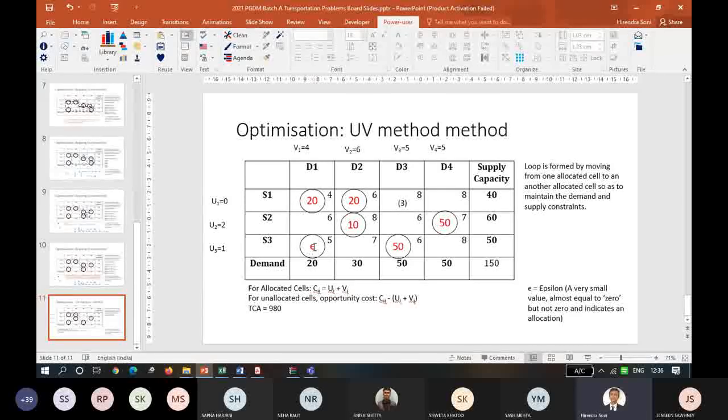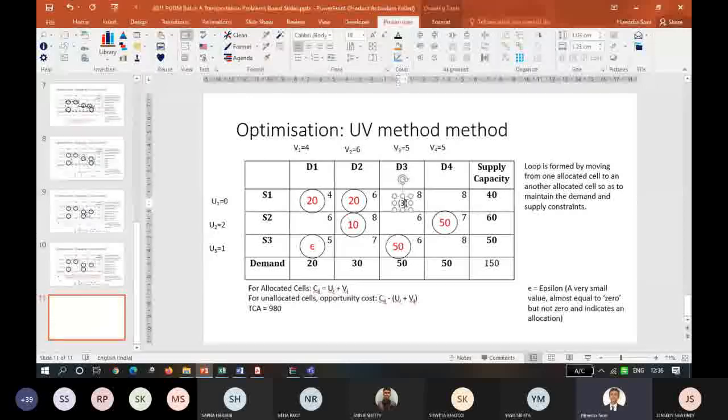So after introduction of epsilon, since this was 4, 5 minus 4 is 1. Since this is 1, 6 minus 1, so this is 5. Now, Cij minus Ui plus Vj, so we get this as 3. Fine. Let us look at the others also.